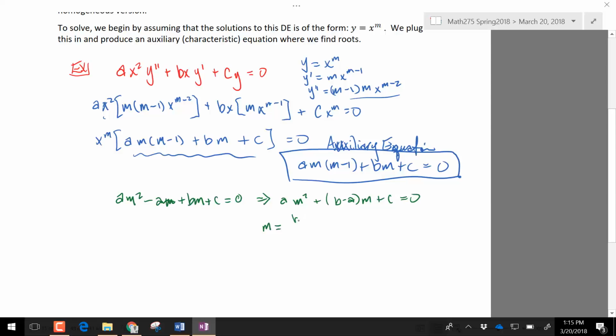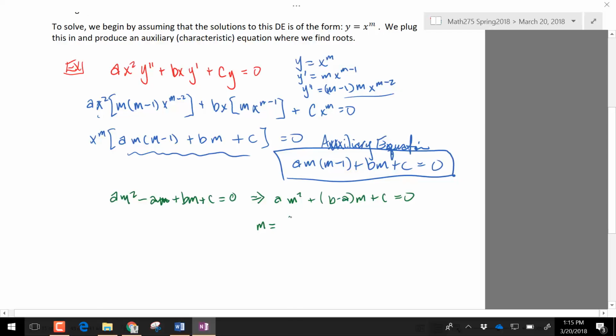So negative b, so b minus a negative. Let's just go back to a minus b, plus or minus the square root of b squared minus 4ac, divided by 2a. And then if you get two distinct solutions, then your solution is going to be x to the whatever those two distinct solutions are.